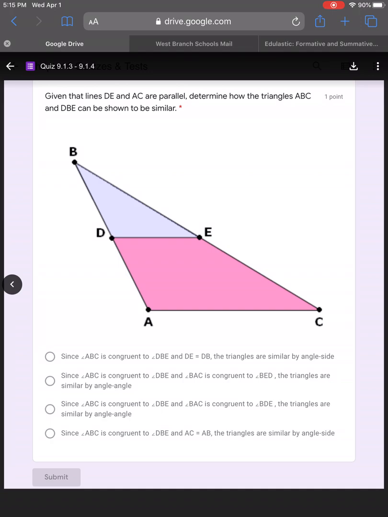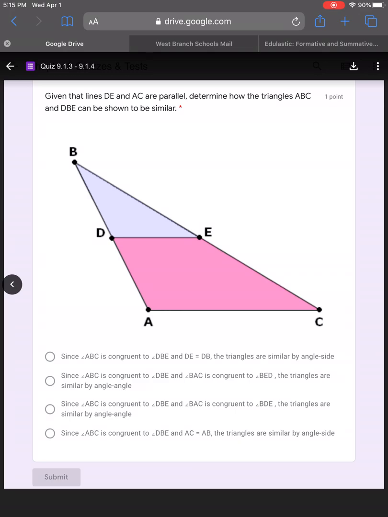All right, so let's look at our options here. The first option is, since angle ABC is congruent to angle DBE and DE is equal to DB, the triangles are similar by angle side. Next, since angle ABC is congruent to angle DBE and angle BAC is congruent to angle BED, the triangles are similar by angle.